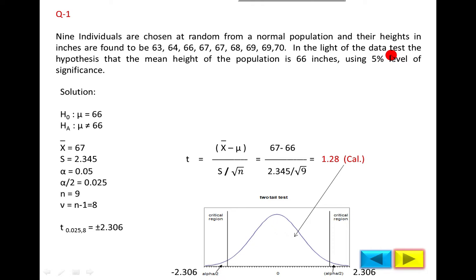In any question, the null hypothesis may be given, the alternate may be given, both null and alternate may be given, or both may be unknown, not given. So we will decide according to the statement of the question.